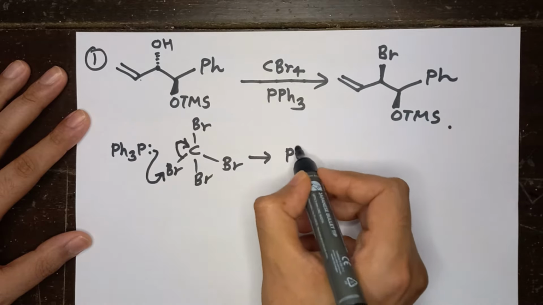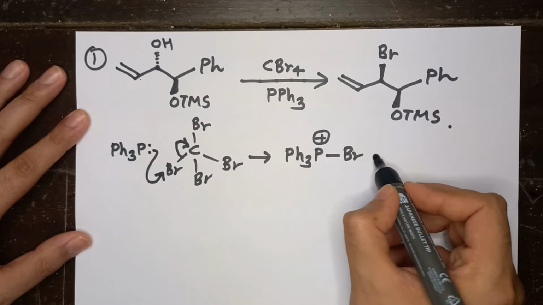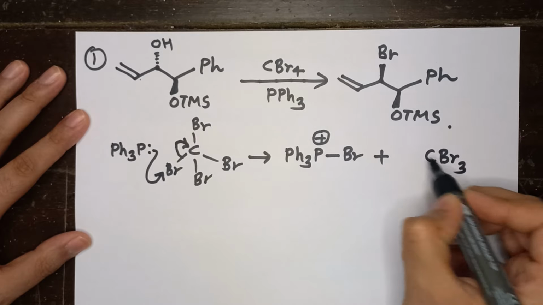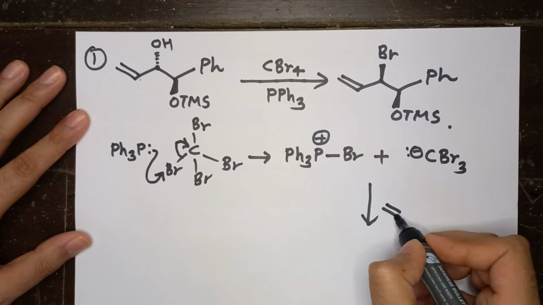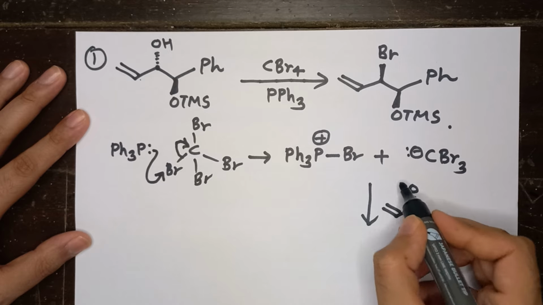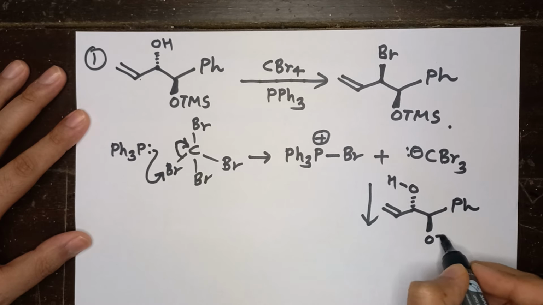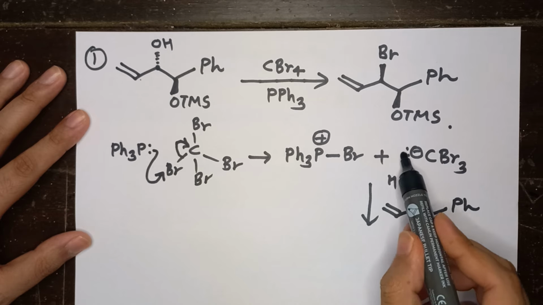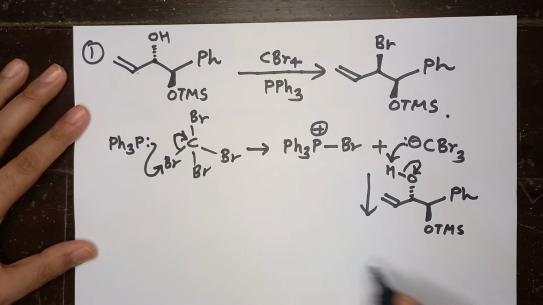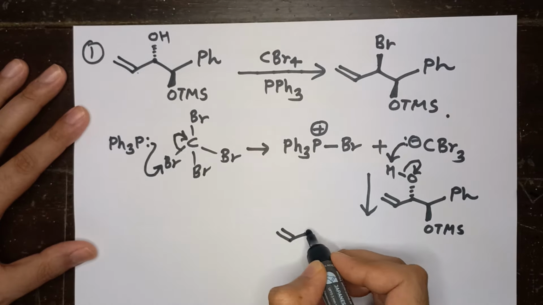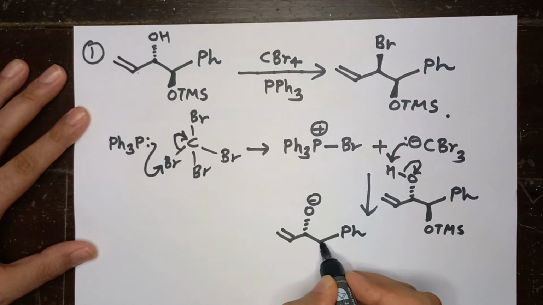So this will give me this particular intermediate along with CBr3 minus, which will now act as a base. So this will now act as a base, will take the proton of alcohol, will generate an alkoxy anion, and this will give me oxygen bearing a negative charge, and the rest will be the same.